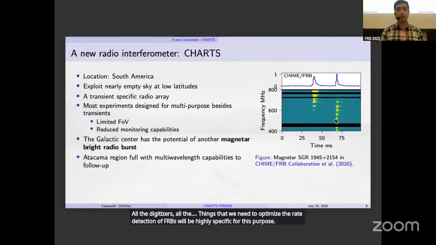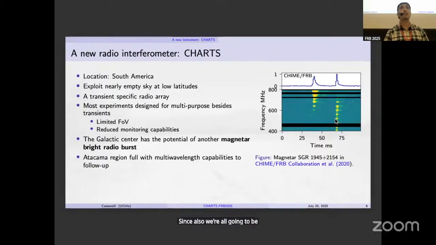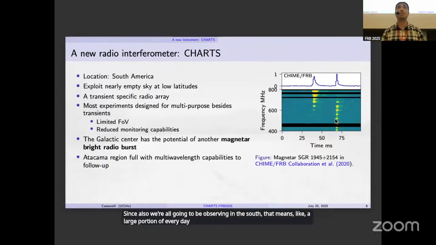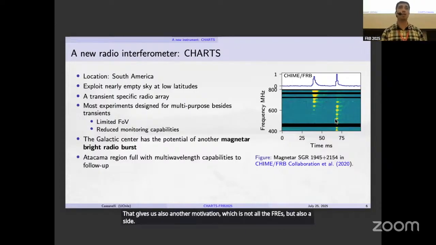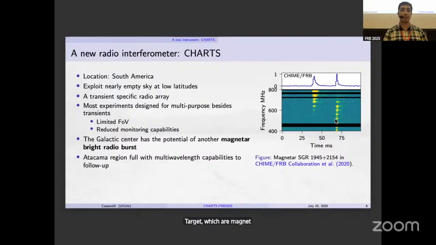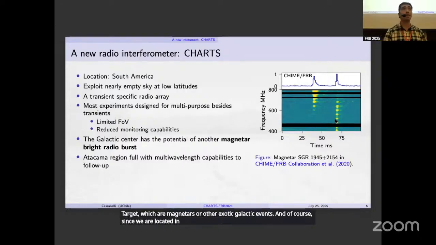Since we're going to be observing in the south, that means a large portion of every day we're going to be observing the galactic center. That gives us another motivation, which is not only FRBs, but also a side target, which are magnetars or other exotic galactic events. And of course, since we are located in Chile, there's a wide variety of other observatories, such as optical, millimeter wavelengths, and so on. So we're going to be actively collaborating with them.